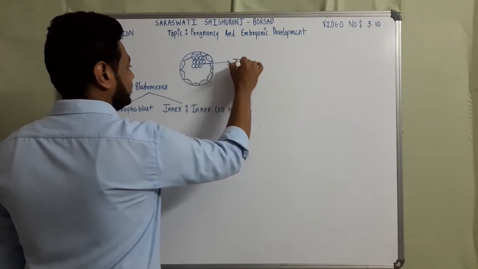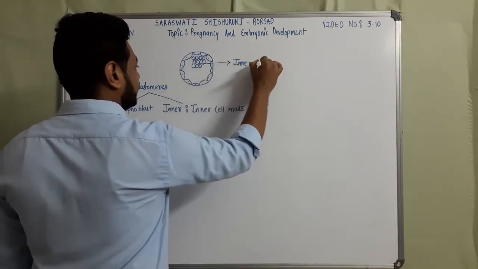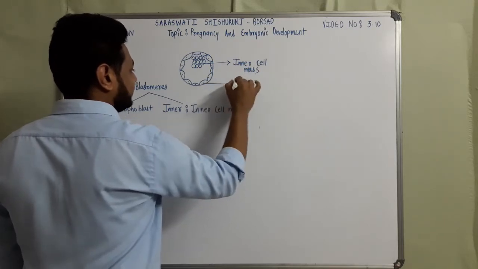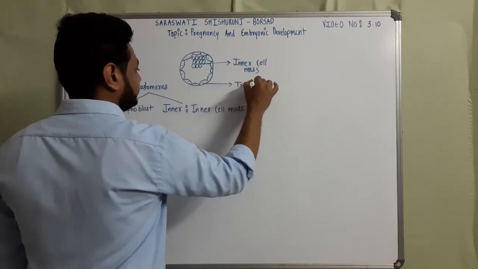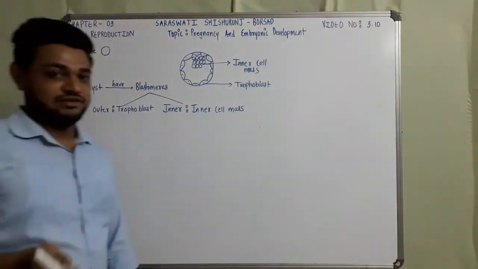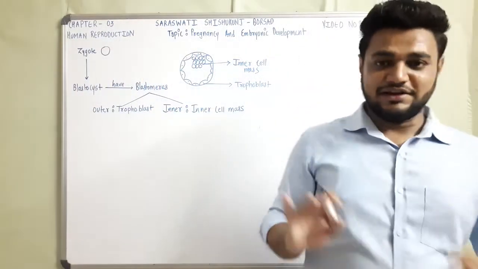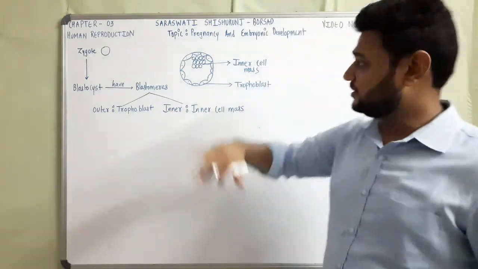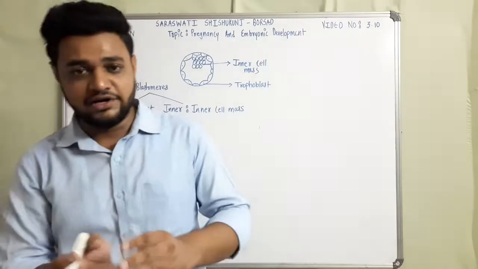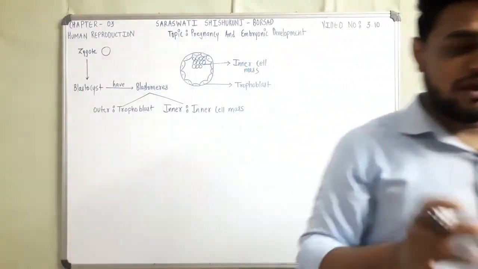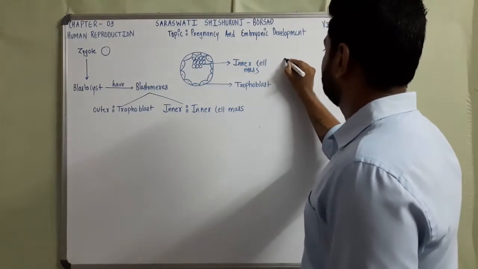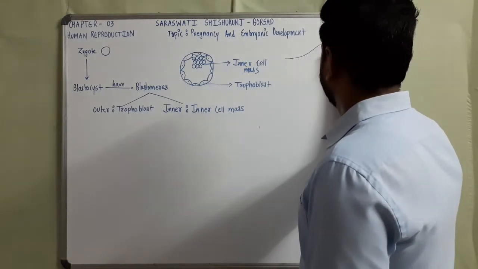Now what is important? These cells are very important. This trophoblast forms the finger-like projections, right? You remember this entire process will now take place in the uterus, because the implantation has already occurred.